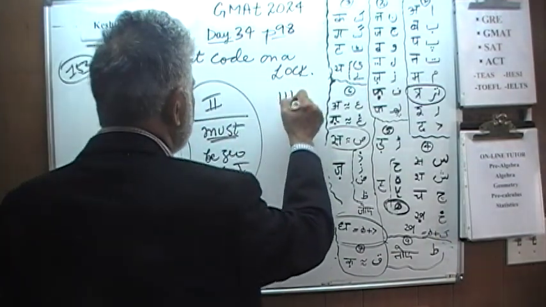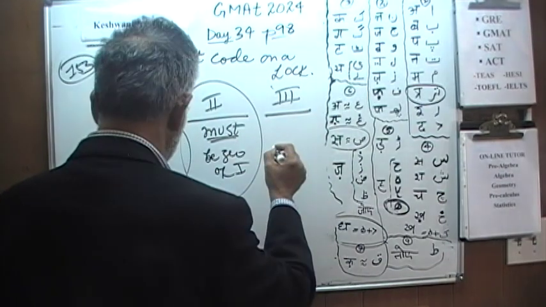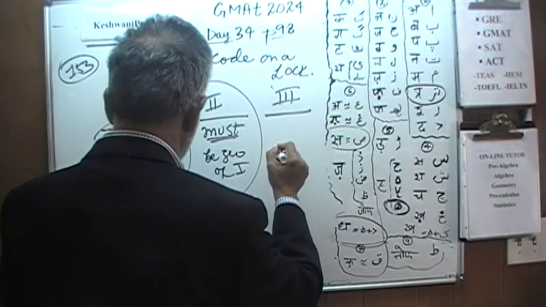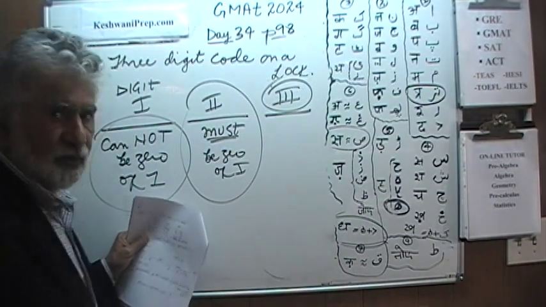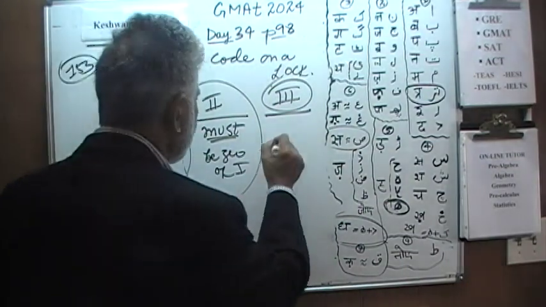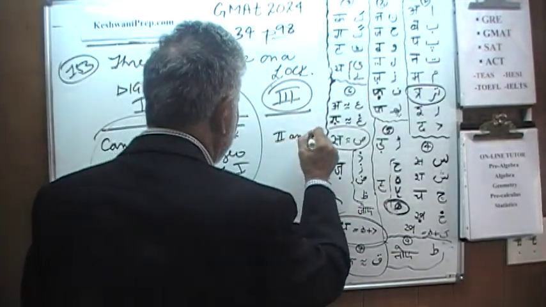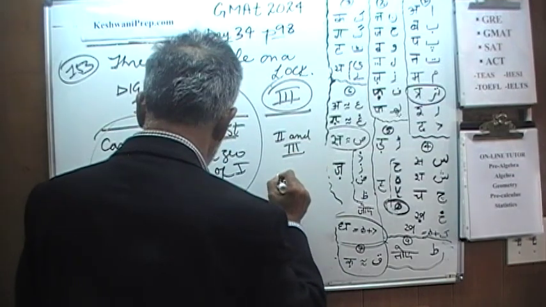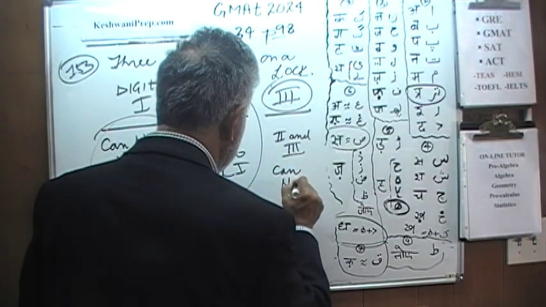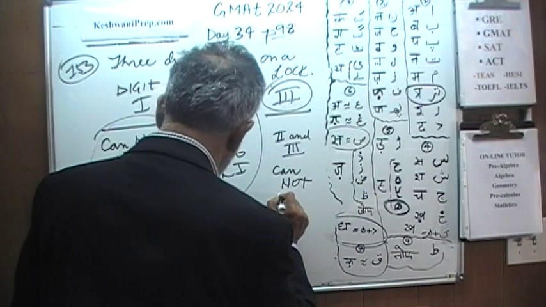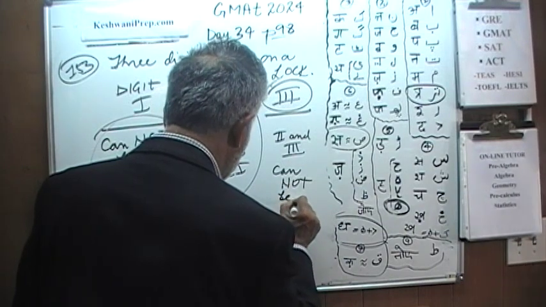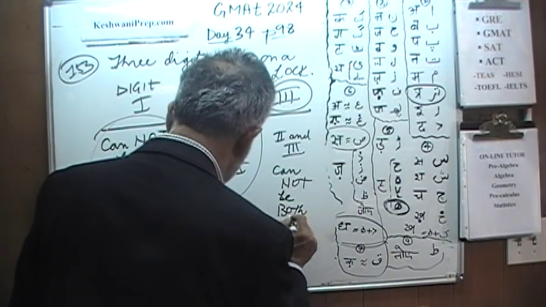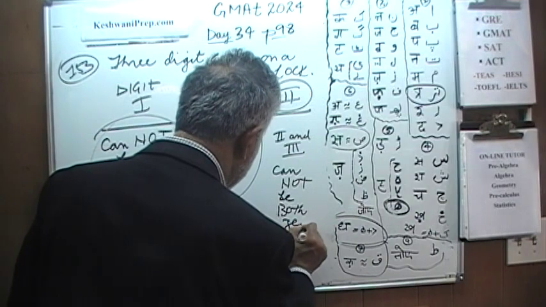And the third digit, we are told, the condition for the third digit is that the second and the third cannot both be 0.